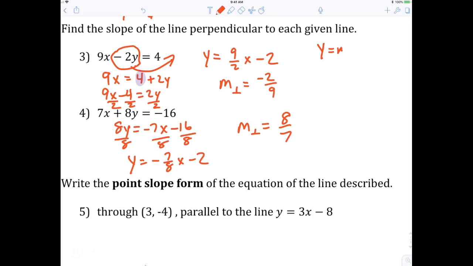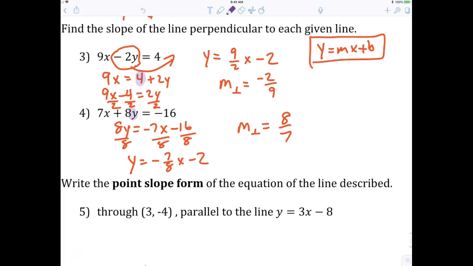I'm trying to put it into the form y equals mx plus b. Right? I'm trying to put it into that form, which means I have to isolate the y. You're isolating the y. Girls, concentrate. Allison, are you working? Come on, girl. Well, because remember, the y is positive.